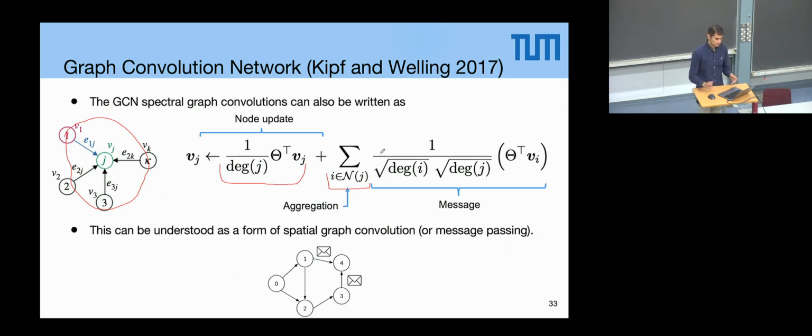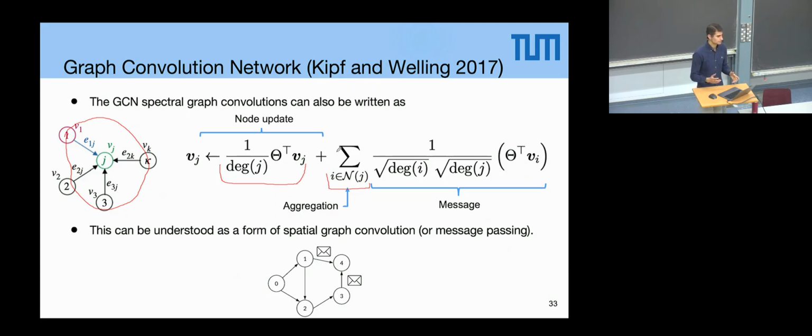I'm saying this looks a bit convoluted because this is what we know as message passing. So message passing is a general framework, and we can rewrite the graph convolution network, which comes from spectral graph convolutions, as one kind of message passing. Message passing is also known as the spatial convolution.